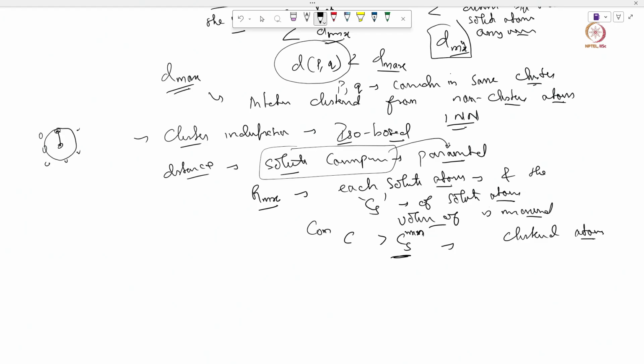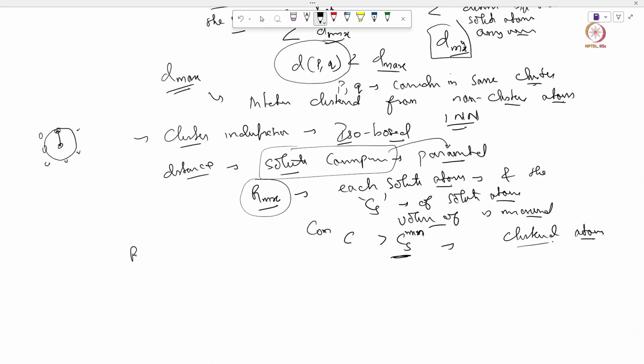The R max sphere is drawn for each solute atom, and inside this sphere you will have some solute concentration. If that solute concentration is greater than this CS minimum, then we can say these solute atoms belong to the cluster.